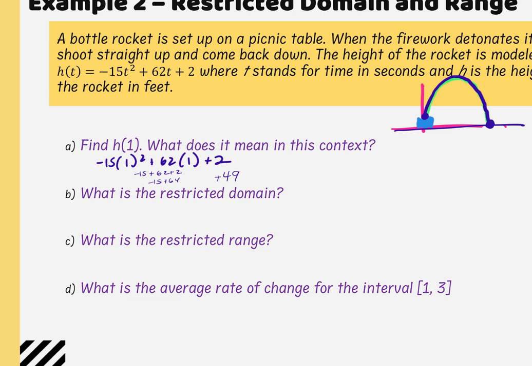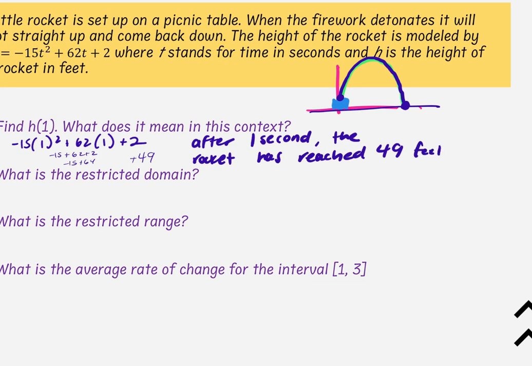So after 1 second, the rocket has reached 49 feet in height, or the height of the rocket is 49 feet, something like that, okay? It has to be in the context. So you have to talk about the rocket, you have to talk about the 1 being the second or the time, and you have to talk about 49 being the height, and it has to be 49 feet. So that's what it means in this context.